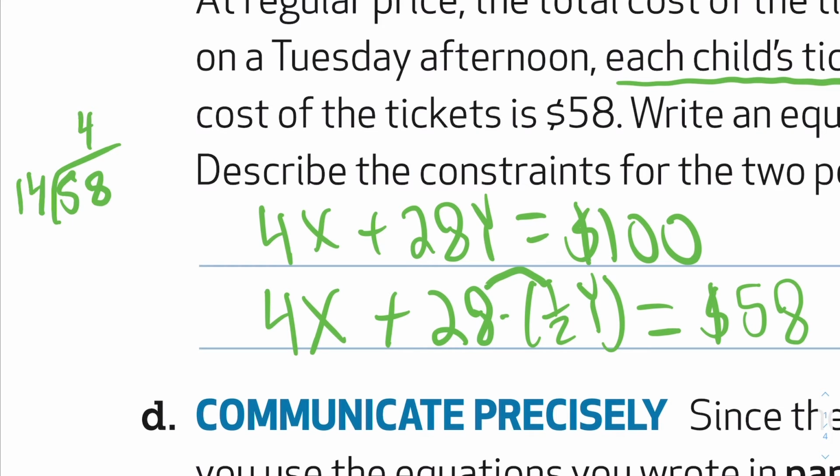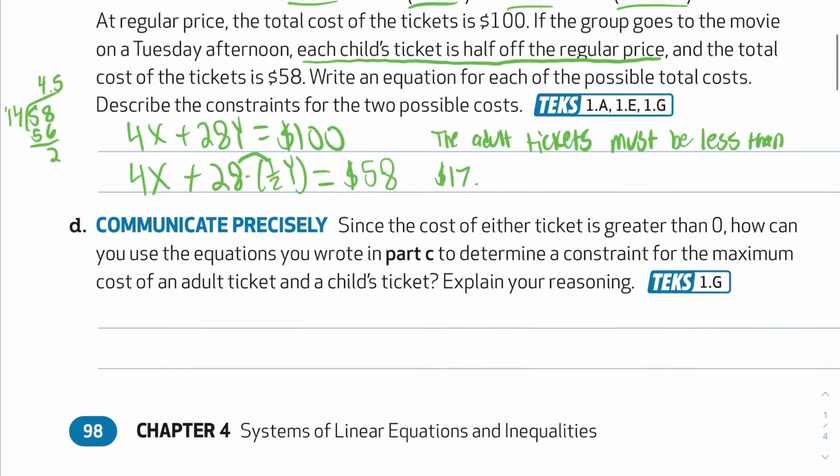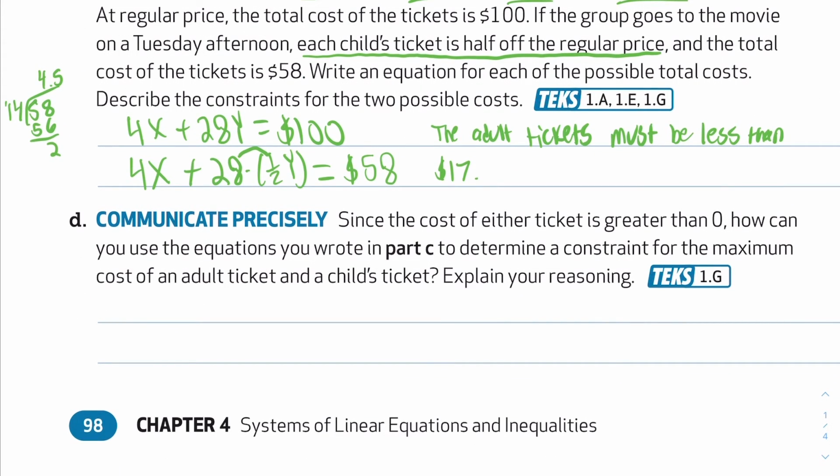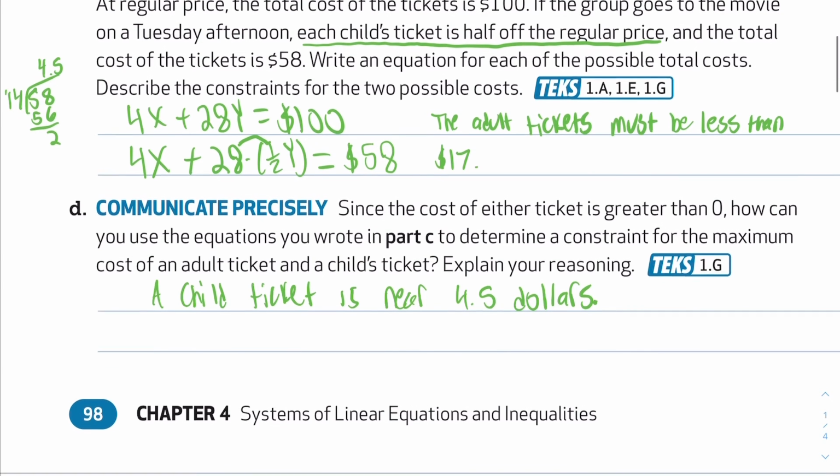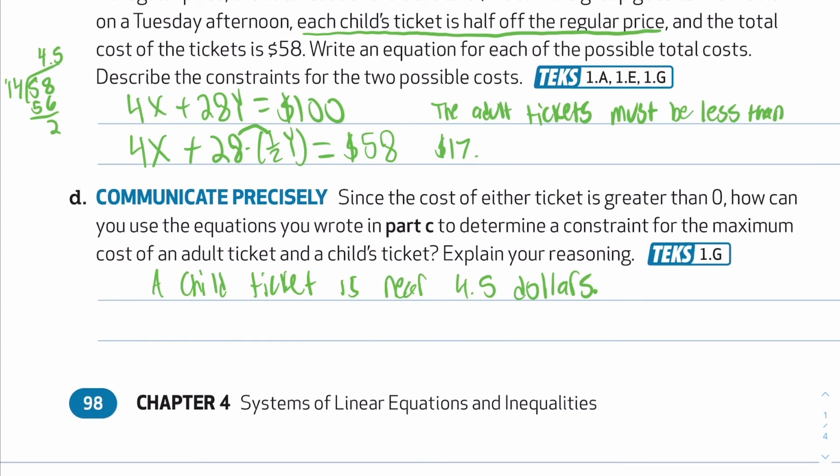So 4.5. Maybe a child's ticket is around $4.5. I don't know if it is or isn't. You would have to do more math to figure out what the exact price is, and we'll talk about what math you would have to do next week.